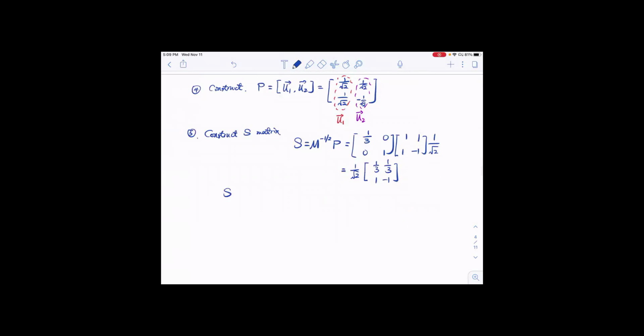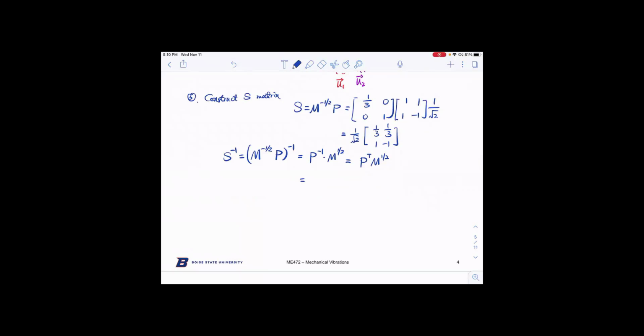And then your S inverse is P inverse times M to the half. When you do inversion of a matrix multiplication, you have to reverse the order. So M to the half, and then as I said before, because your K tilde is symmetric, we don't have to calculate the inverse. It's just P transpose. And then you can multiply this.